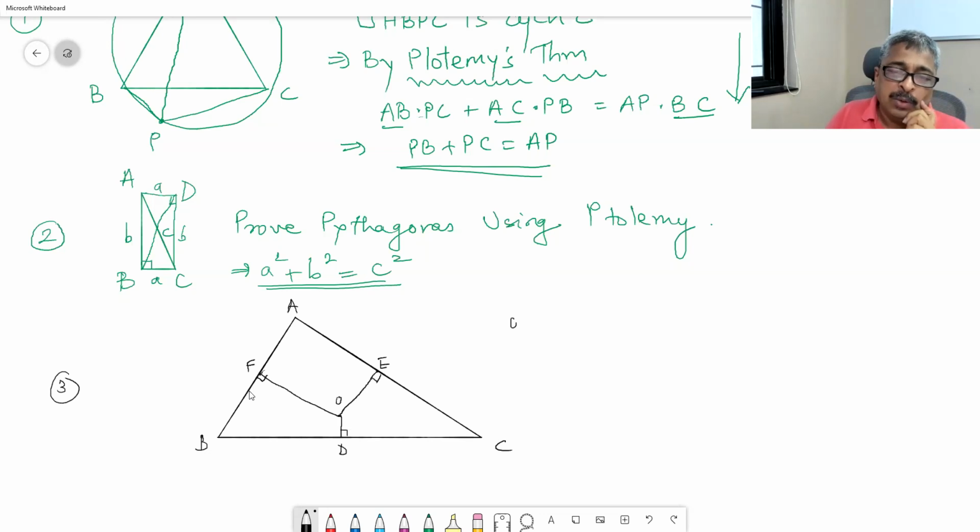Then OD plus OE plus OF is equal to R plus r, where capital R is the circumradius and small r is the inradius.